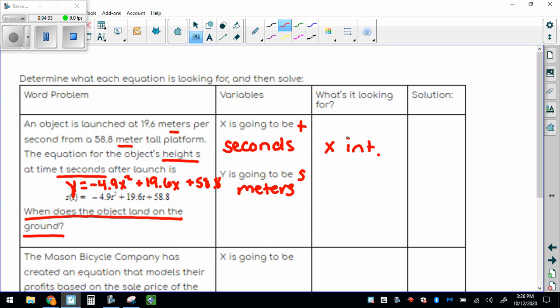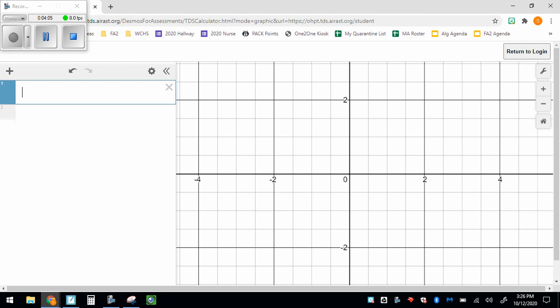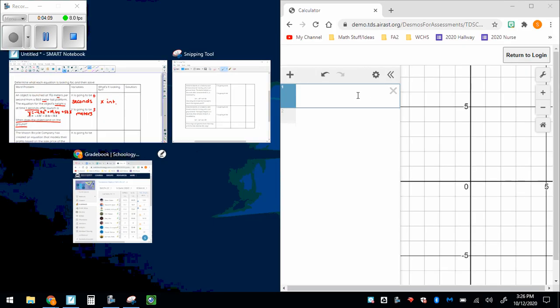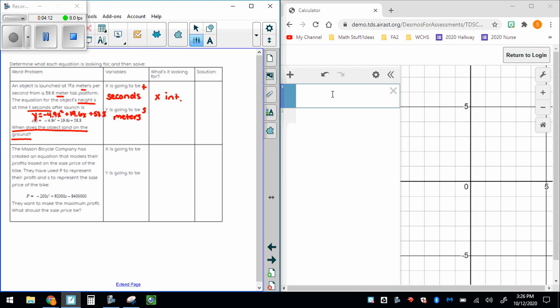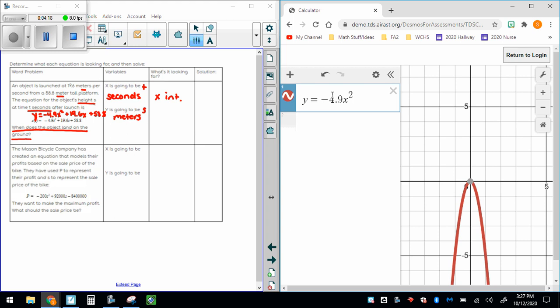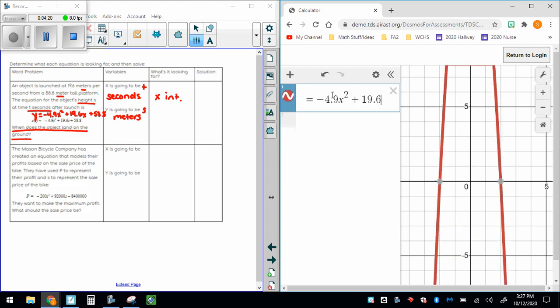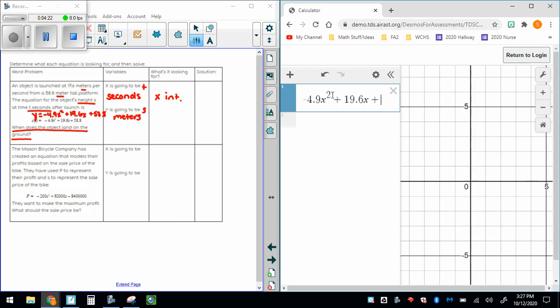So let's get that typed into Desmos. All right, so I'm going to make this halvesies here. So the equation is y equals negative 4.9 x squared plus 19.6 x plus 58.8.